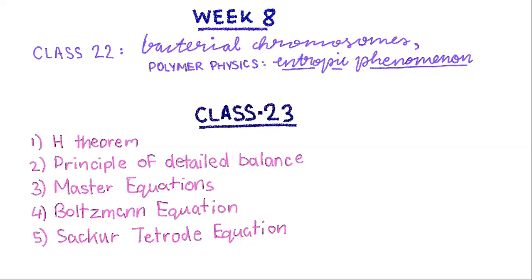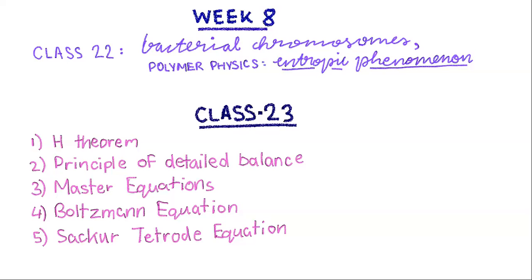The master equation and the principle of detailed balance will tell you the condition of equilibrium. And using the master equation, we shall show that if an isolated system, and I emphasize the word isolated system, is left to itself, it will reach equilibrium under the condition that there will be no microscopic current inside the system.